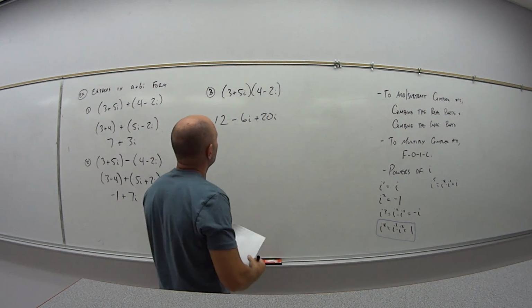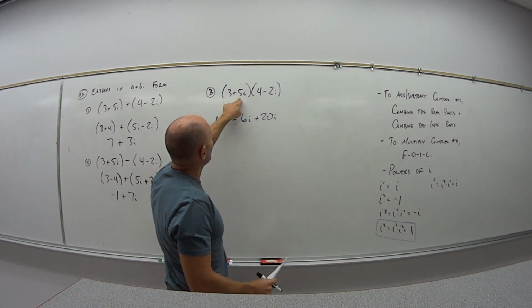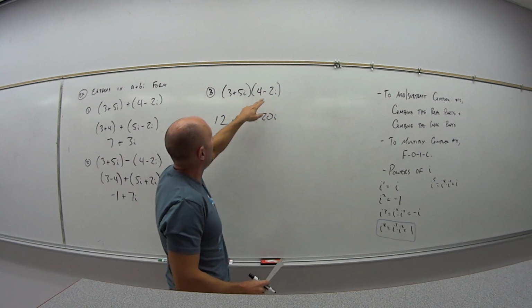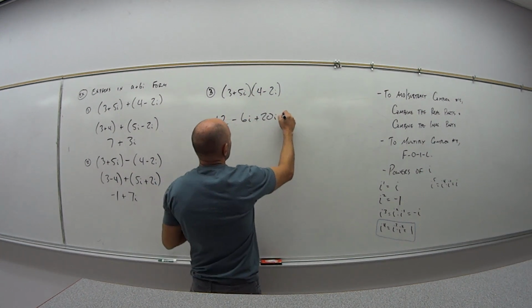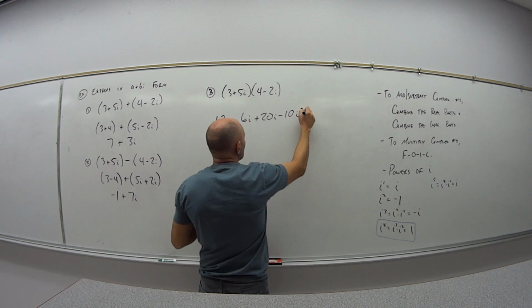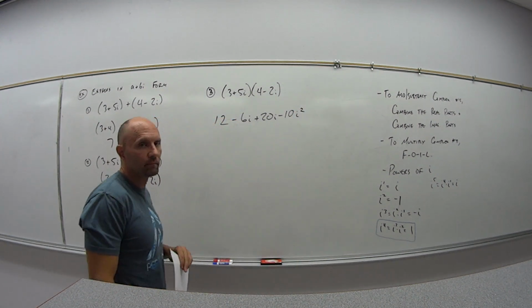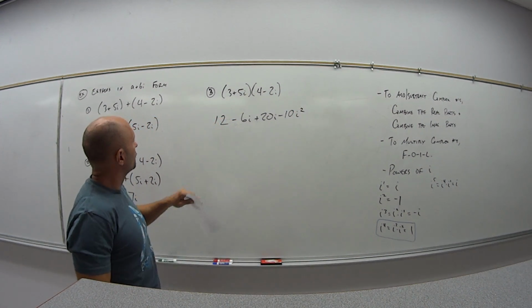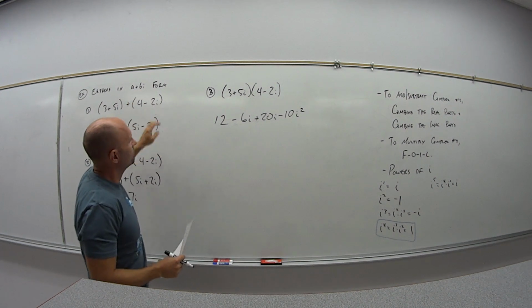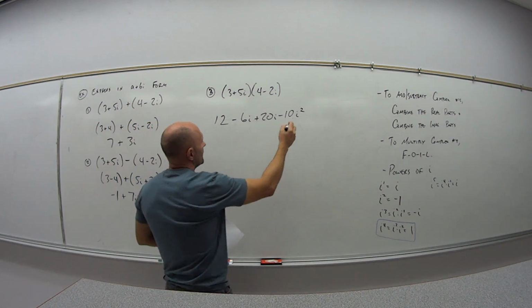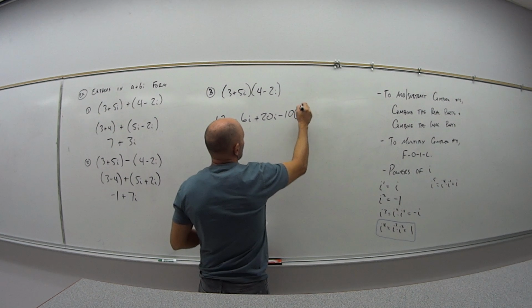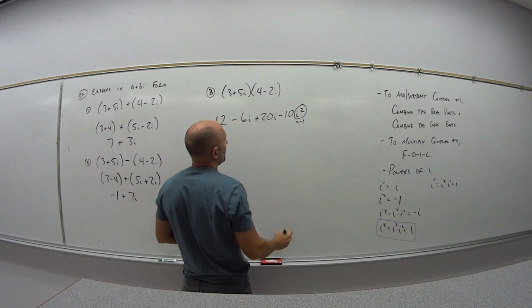Now here's where we have to be careful. So 5i times negative 2i is what? Negative 10i squared. So I want this in a plus bi form. Well, this guy here, i squared is equal to what? This is equal to negative 1.